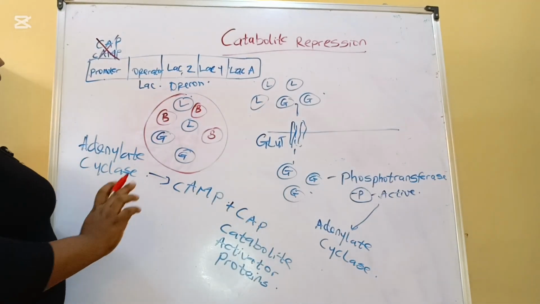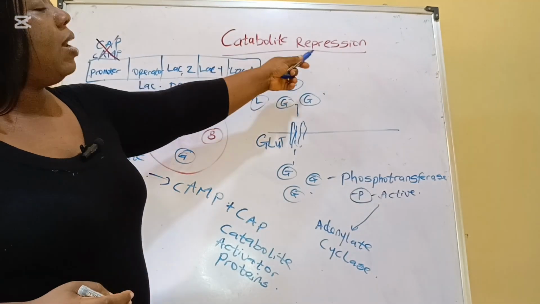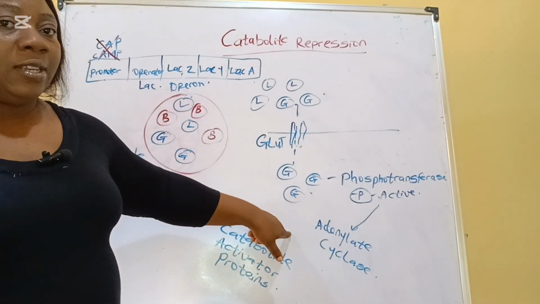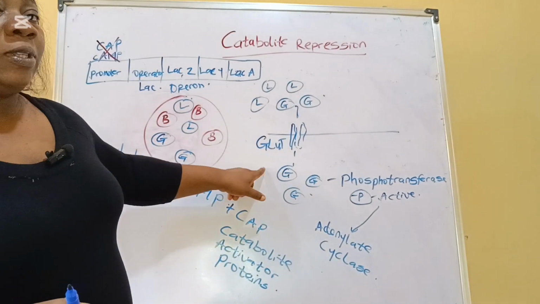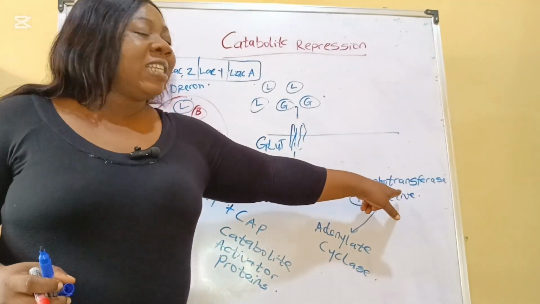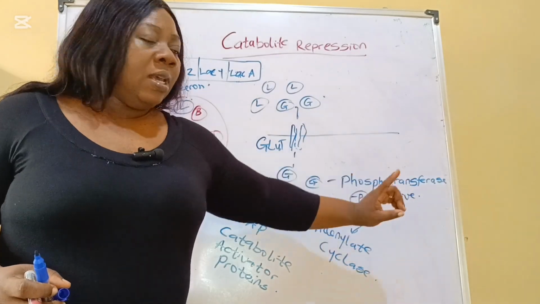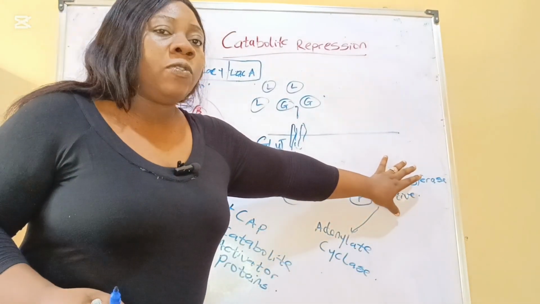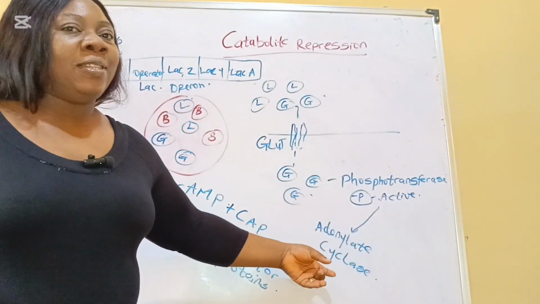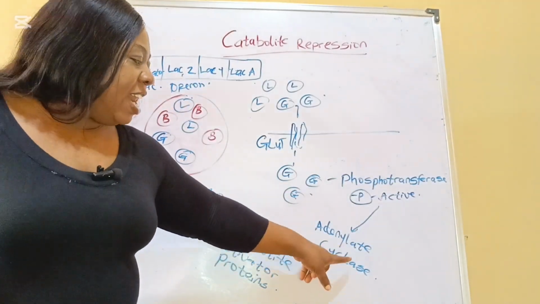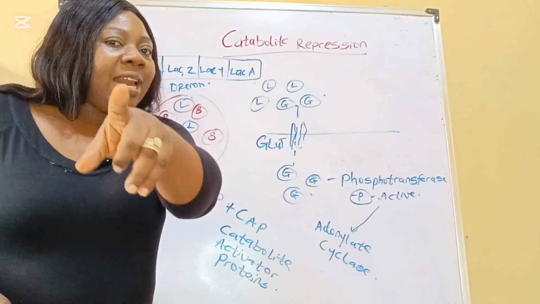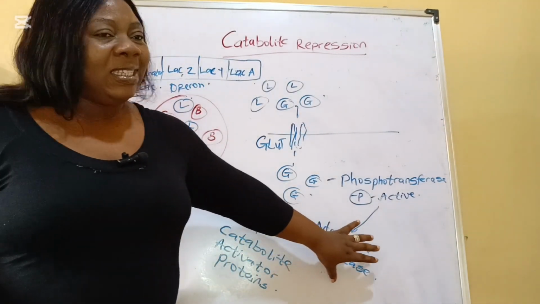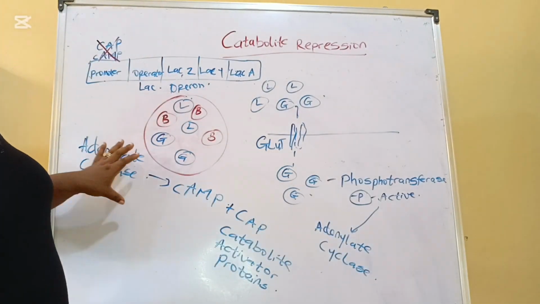Now, what will happen in catabolite repression is that upon entry of glucose into the cell with the help of glucose transporter, which leads to the activation of phosphotransferase by dephosphorylation, this enzyme phosphotransferase will now inhibit the enzyme adenylate cyclase. And remember, adenylate cyclase is the one that produces this cAMP. So when we inhibit this enzyme, there will not be production of this.